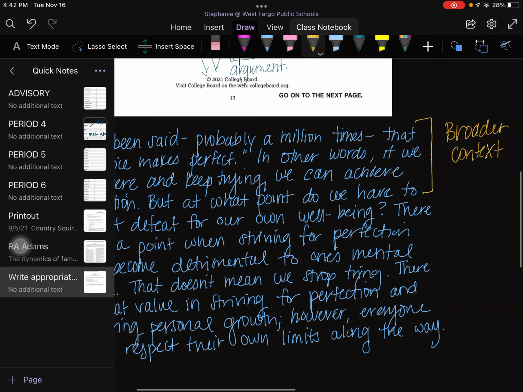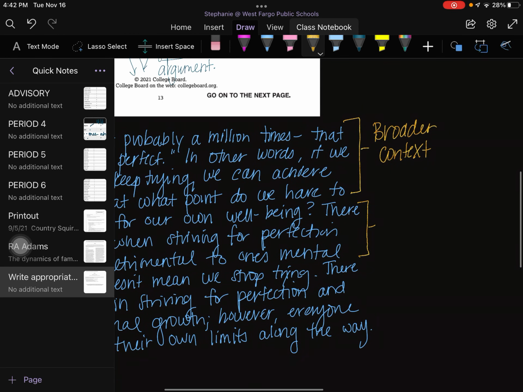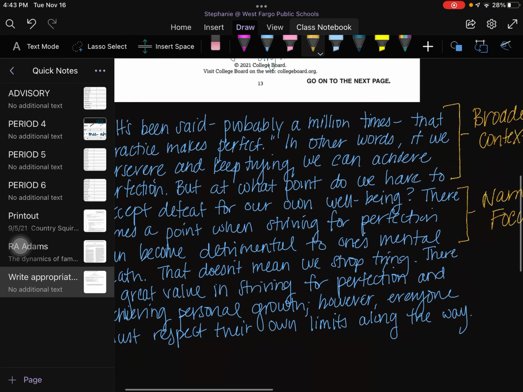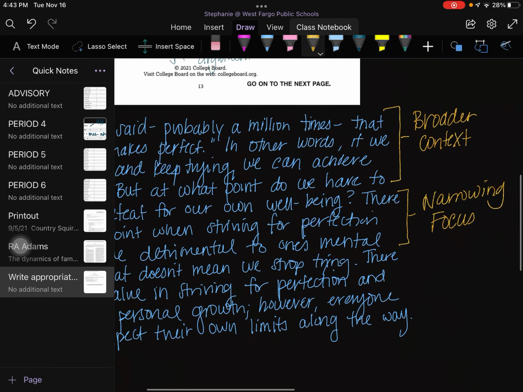Then this part right here, this is when I'm kind of narrowing my focus. Another way to narrow focus is to kind of present both sides of an argument, which is kind of what I did, right? Talking about that comes a point where striving for perfection does become detrimental.